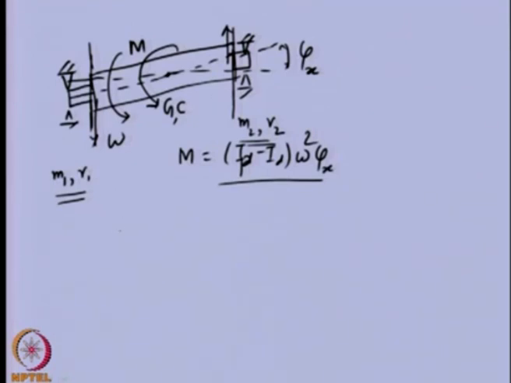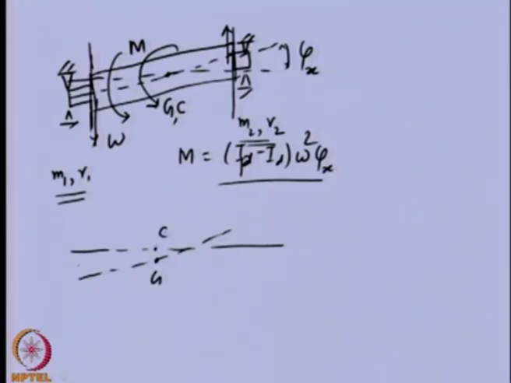Another case is when this is a bearing axis and the rotor axis is not only inclined, but also has some radial offset.